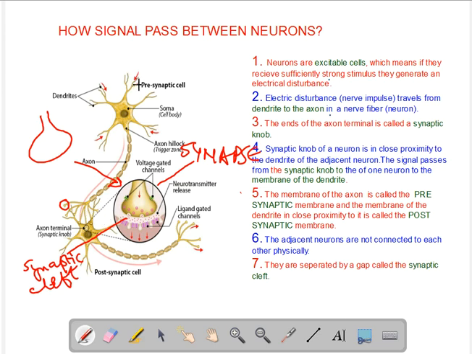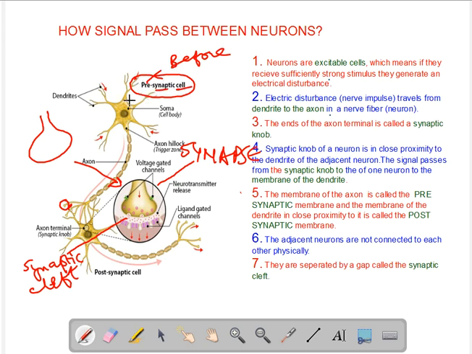Now, the neuron that lies behind the synaptic cleft. So the cleft is somewhere right there. This is the place where we have the synaptic cleft. So the neuron that lies behind the synapse is called a presynaptic cell. Pre means before. So the term simply means the cell that lies before the synapse.